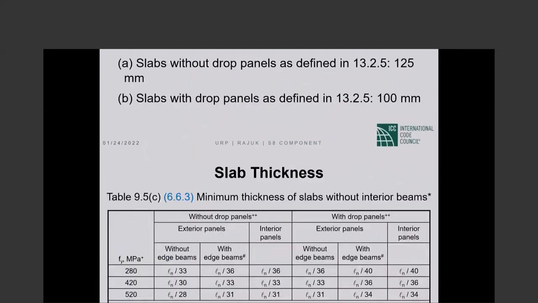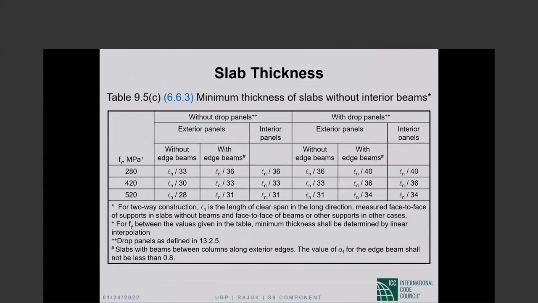4 inches. Now, table 9.5c, which gives you minimum thicknesses of slabs, is this table. So there are values for slabs without drop panels and values for slabs with drop panels. Exterior panels, interior panels, different minimum thicknesses, although in reality, we typically will not provide minimum thicknesses for different panels.